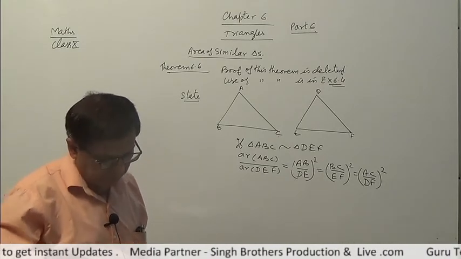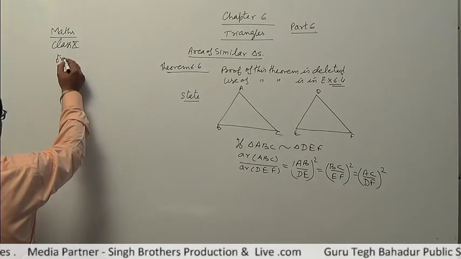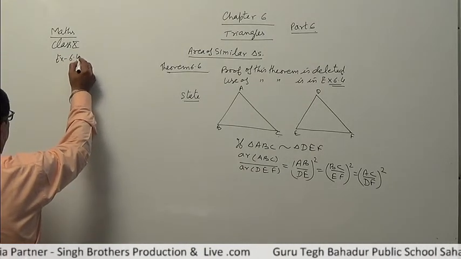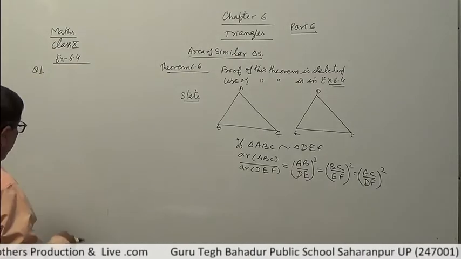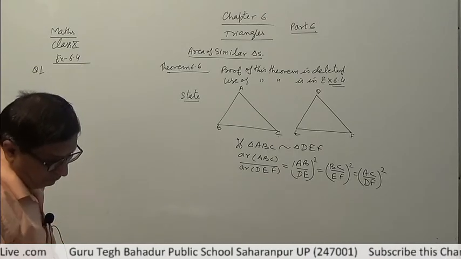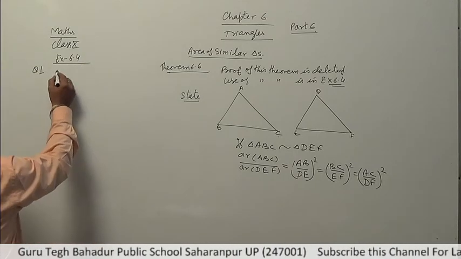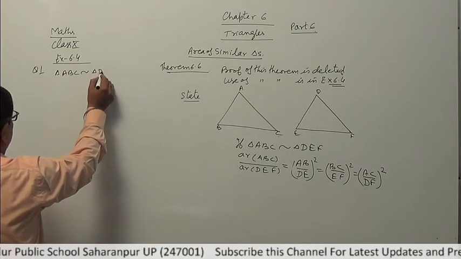6.4. Now see the first question of exercise 6.4. Triangle ABC is similar to triangle DEF.